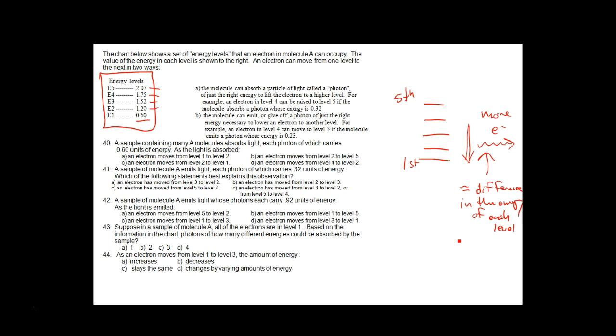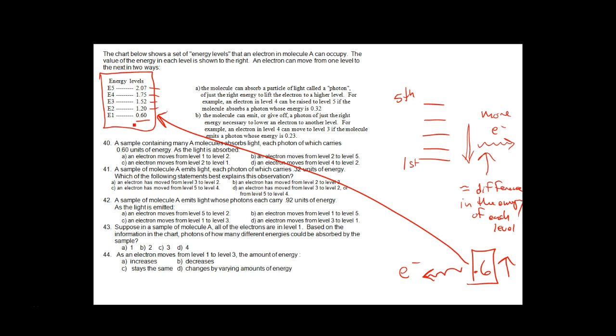A sample containing many A molecules absorbs light, each photon of which carries 0.6 units of energy. As the light is absorbed, here I am, I'm some electron. In comes energy of 0.6. I'm going to go up, but I can only go up 0.6. So in my problem, I've got to find one of these where the difference between the two of them is 0.6.